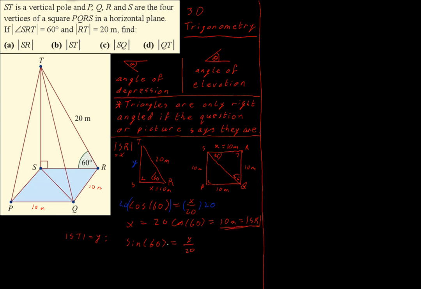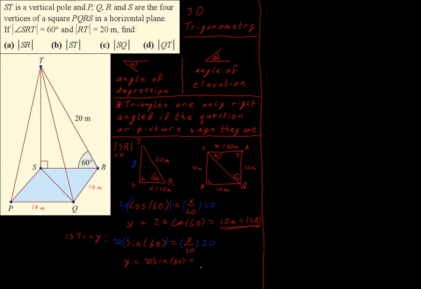Multiply both sides by 20, and I will have y is equal to 20 sine of 60, which I put in my calculator.